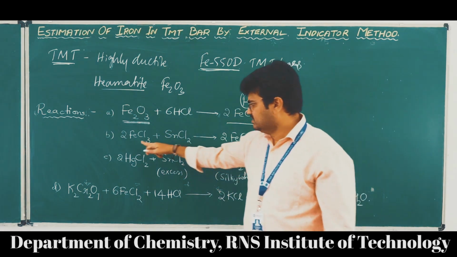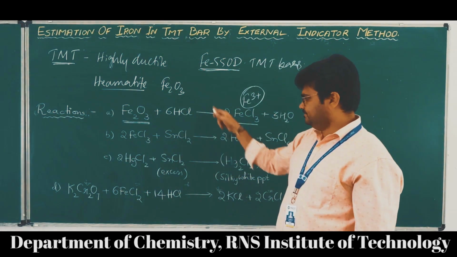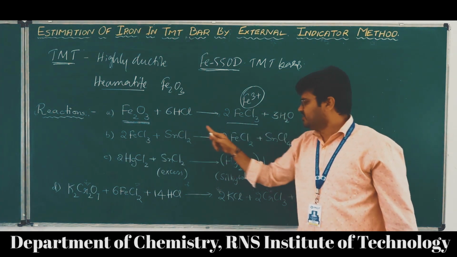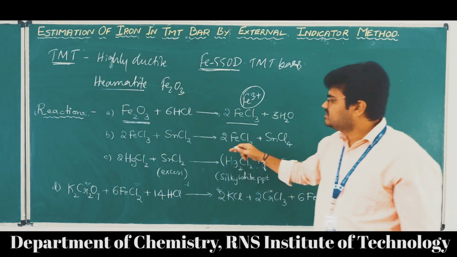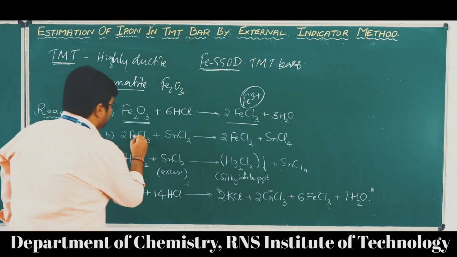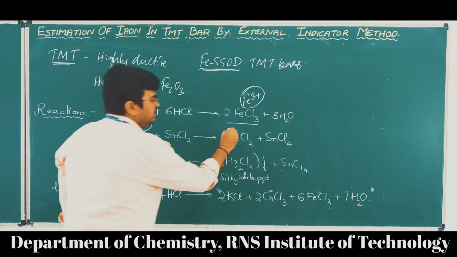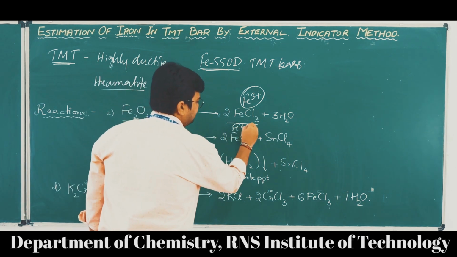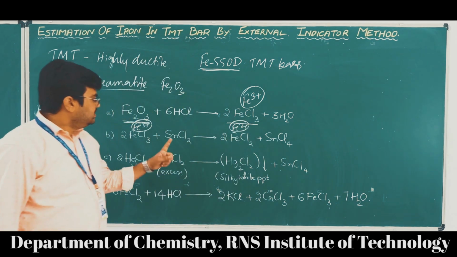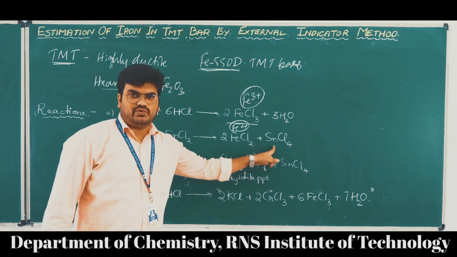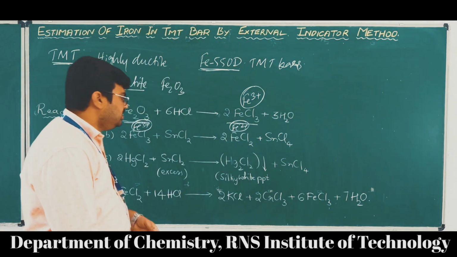Ferric chloride is converted into ferrous chloride, that means iron is converted from the Fe3+ oxidation state to the Fe2+ oxidation state, and the stannous chloride is converted to stannic chloride. It is soluble in water and can be easily removed.